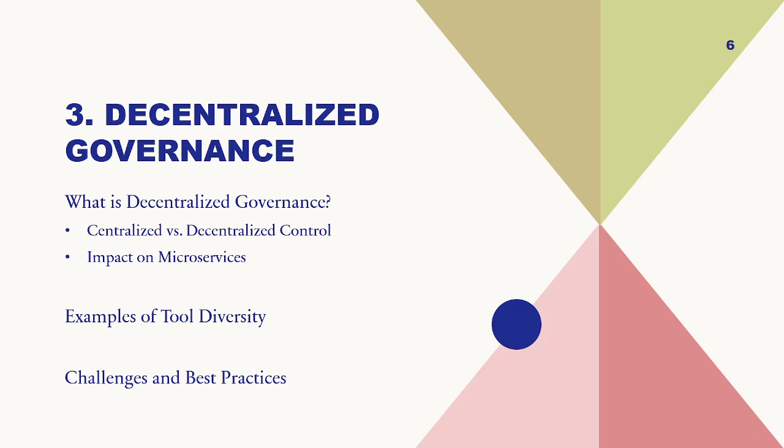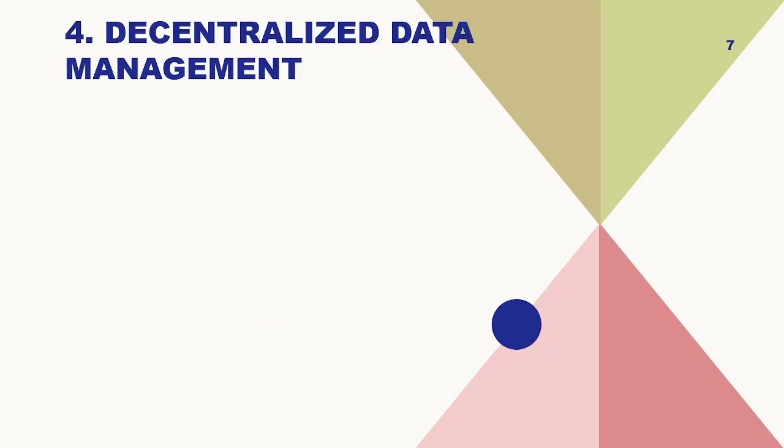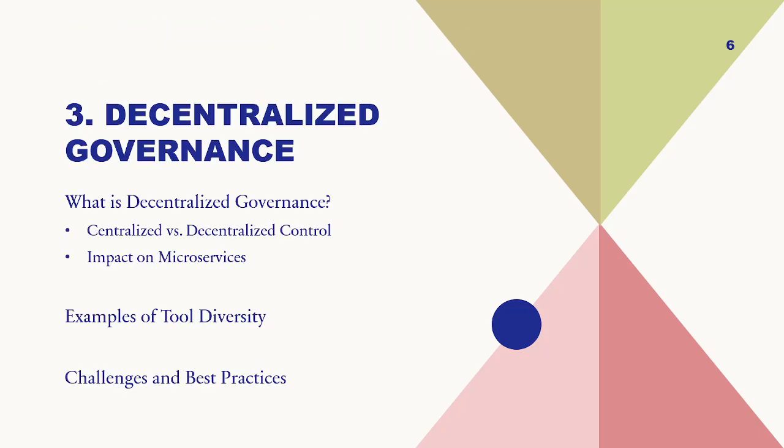Challenges and best practices. While decentralized governance has many benefits, it also comes with challenges, such as interoperability. With varied tools and technology, ensuring seamless communication between services can be tricky.